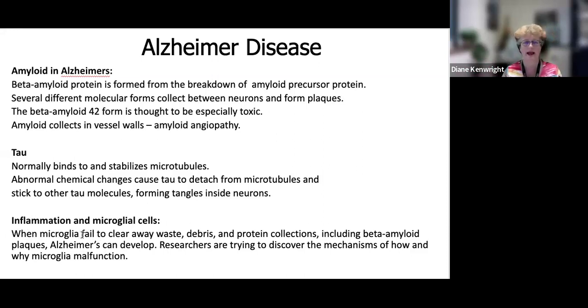So as well as amyloid and tau forming the plaques in the neuropil and the tau in the tail, there's also a whole lot of inflammation going on because the microglial cells aren't clearing away waste. So Alzheimer's disease, as we learn more about it, becomes quite complicated.